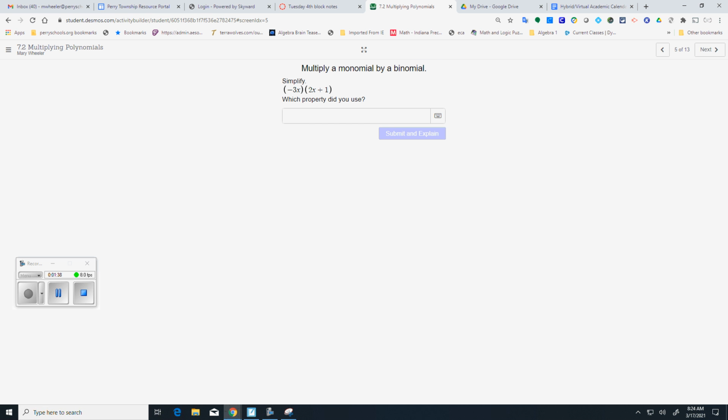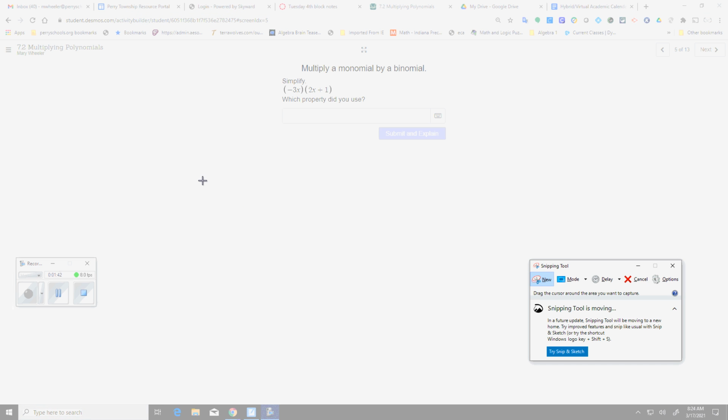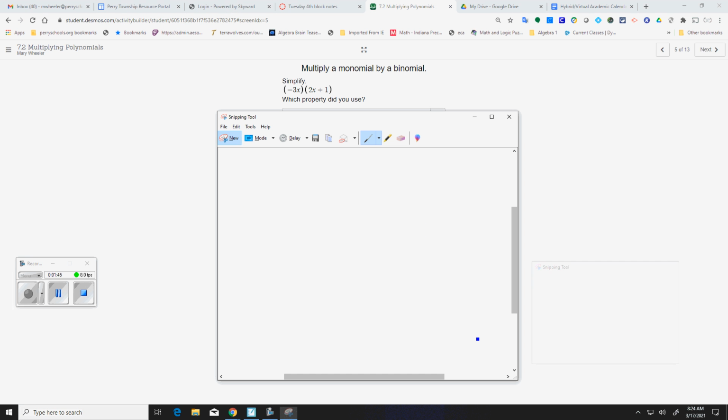So now we're going to multiply a monomial by a binomial. So we're going to distribute the negative 3x to the 2x plus 1. So this is going to multiply by that and by that.